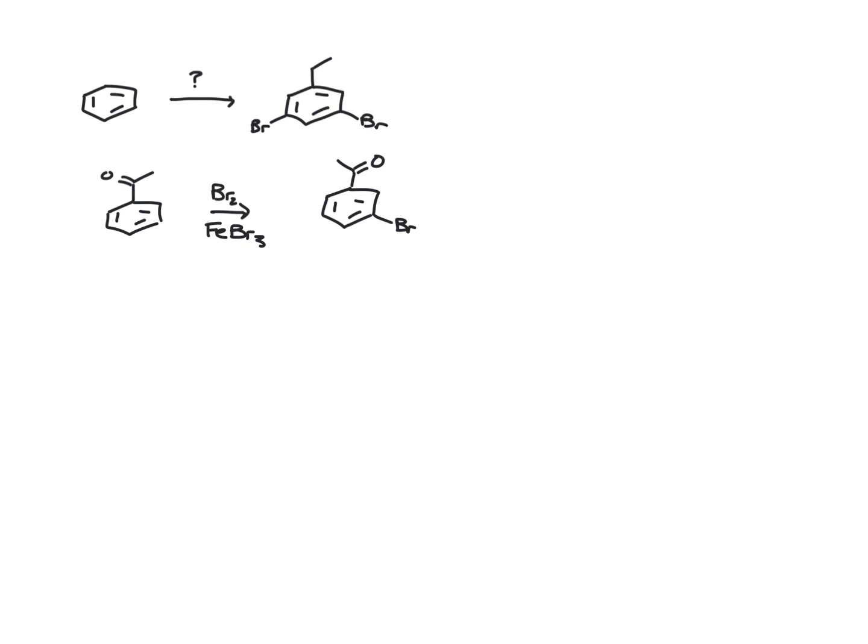The issue, though, becomes adding that second bromine in, because this bromine is now our primary directing group, and it's going to direct the next bromine ortho and para to itself. So we can't correctly install the second bromine. So that means we're going to have to use a different strategy.